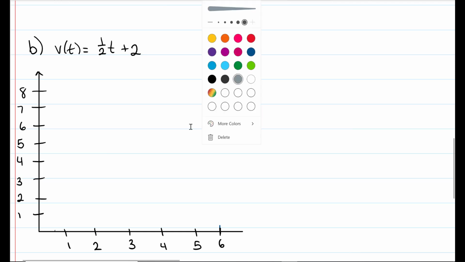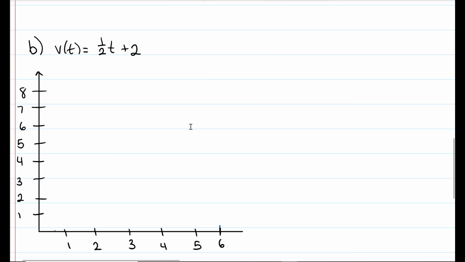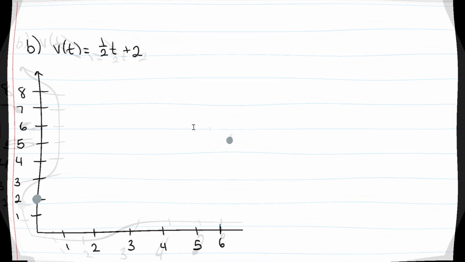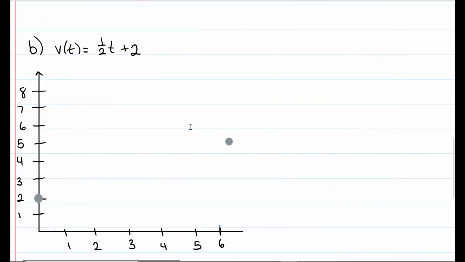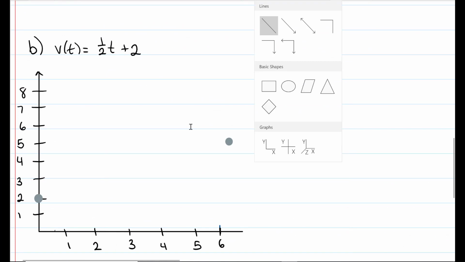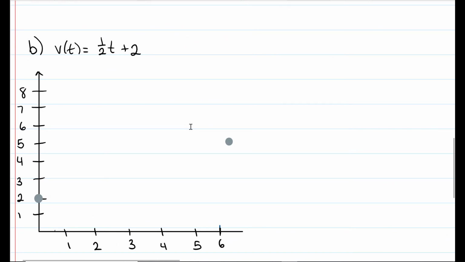Okay, let's see if we got it right. Well, we know that the y-intercept is going to be 2, and then when you plug in 6, you're going to get 5. So I go ahead and connect those with a line.